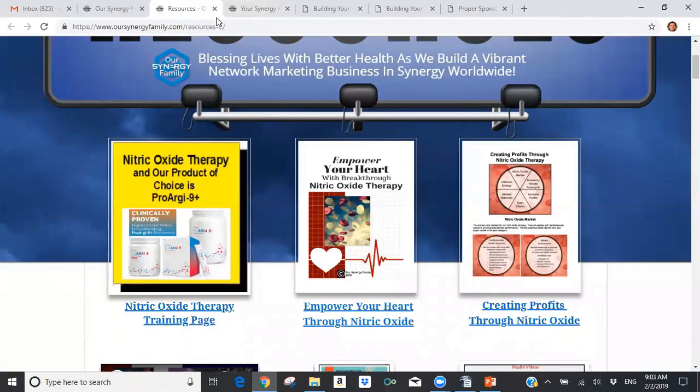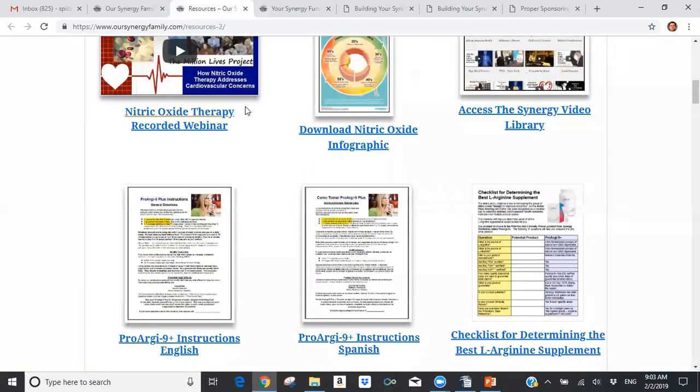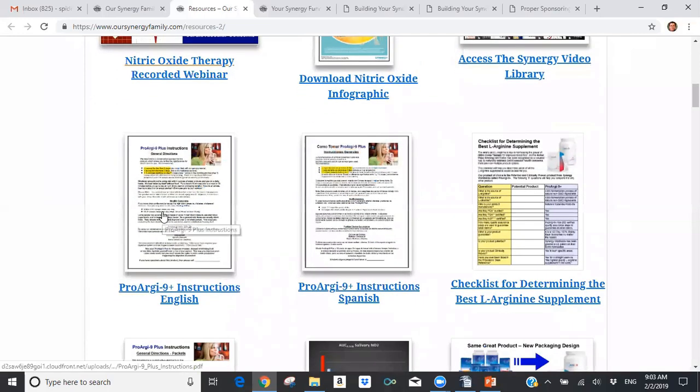So again, we have resources that have been created. These are the resources that I use, not necessarily on a daily basis, but certainly on a weekly basis. Someone wanted to know where they could find the instruction sheet.